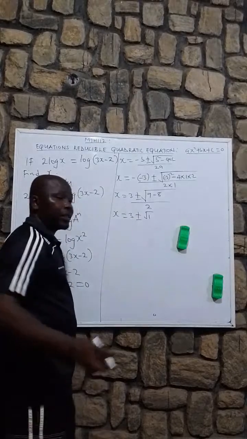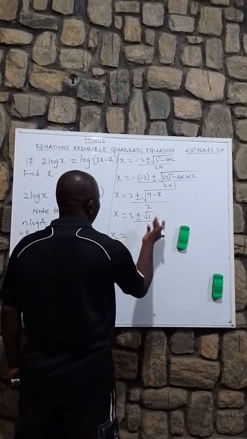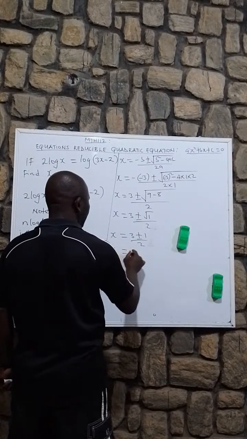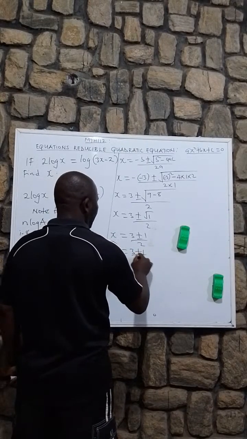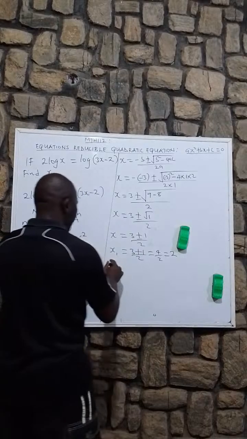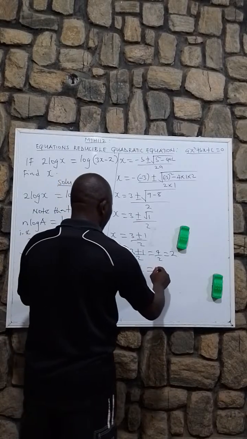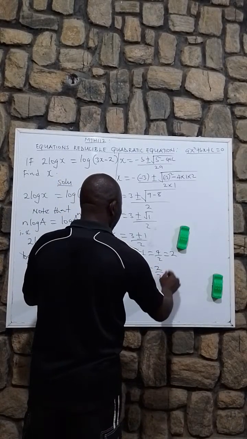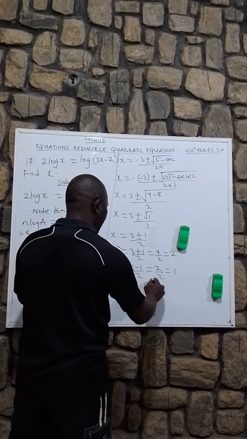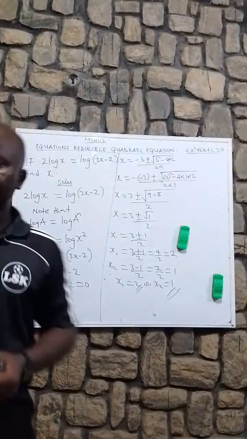Because 9 minus 8 is 1, root 1 all over 2. The square root of 1 is 1, so 3 plus or minus 1 all over 2. x1 will be 3 plus 1 all over 2, which is 4 over 2, which is 2. Then x2 is 3 minus 1 all over 2, which is 2 over 2, which is 1. So therefore, x1 is equal to 2, or x2 is equal to 1. Yeah, I think that you got it.